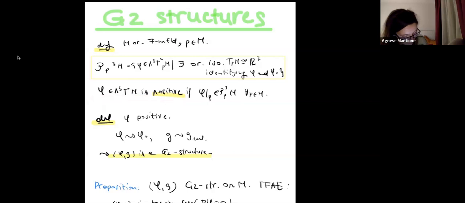For a 3 form to be positive, it means that once we restrict to a tangent space, the fiber over a point P, there is an oriented isomorphism between the tangent plane and R7 that identifies the form with phi 0 that we defined before on R7.